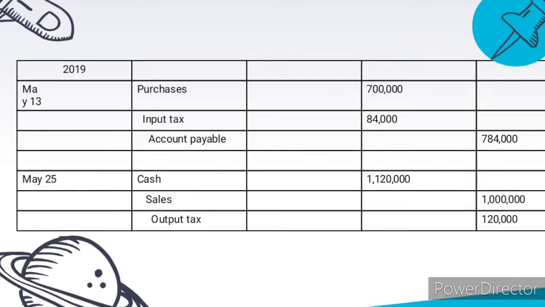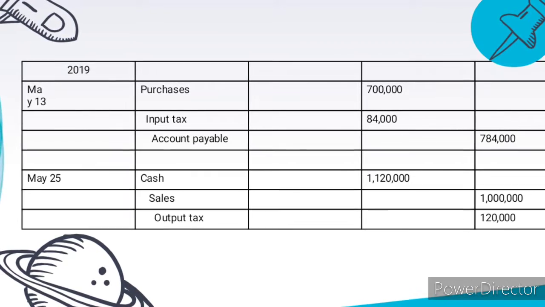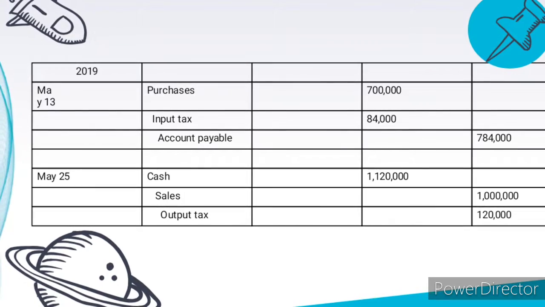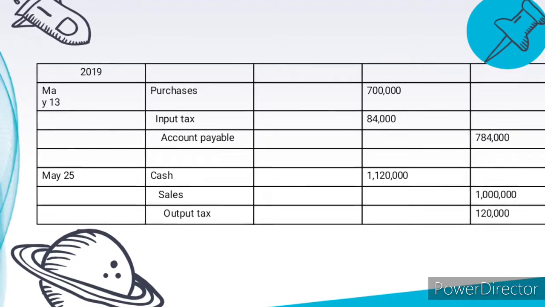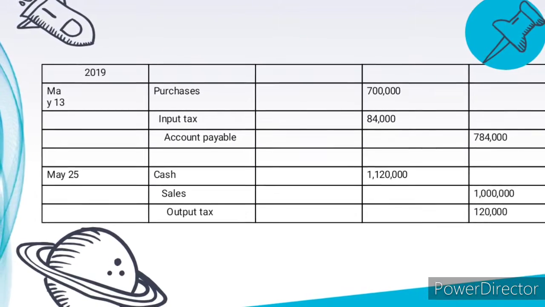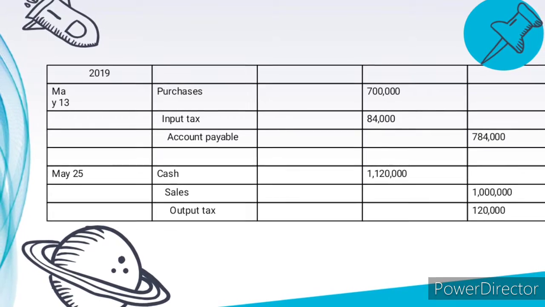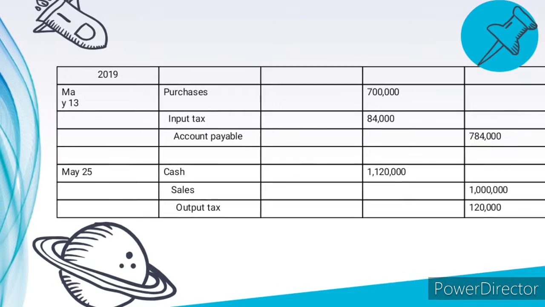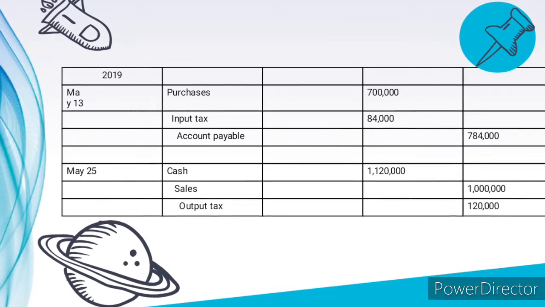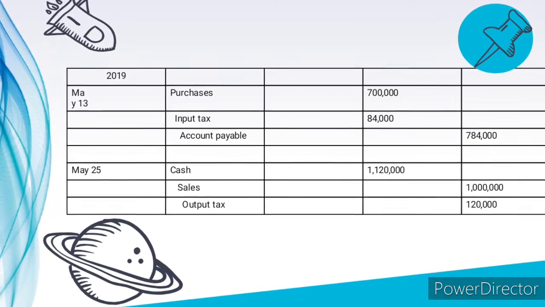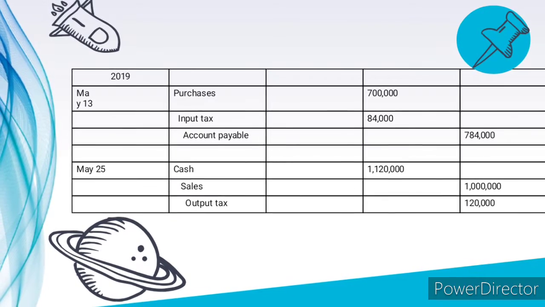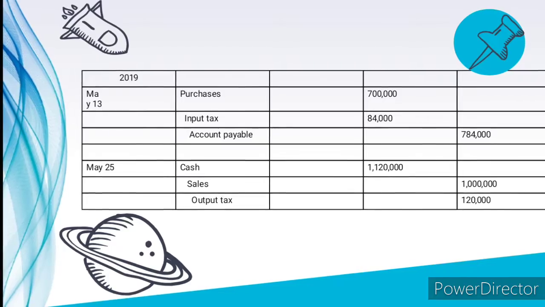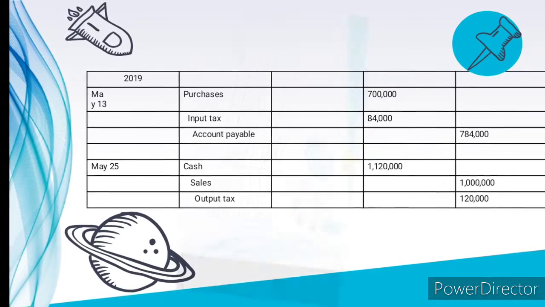On May 13, 2019, debit side purchases 700,000 pesos, debit side input tax 84,000 pesos. On the credit side, accounts payable 784,000 pesos. On May 25, 2019, debit side cash 1,120,000, credit side sales 1 million, credit side output tax 120,000 pesos.